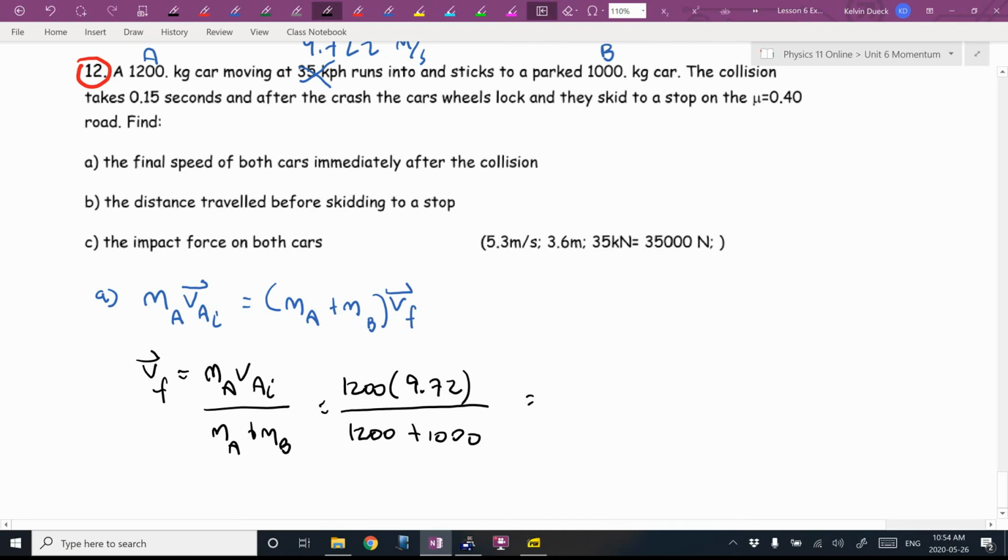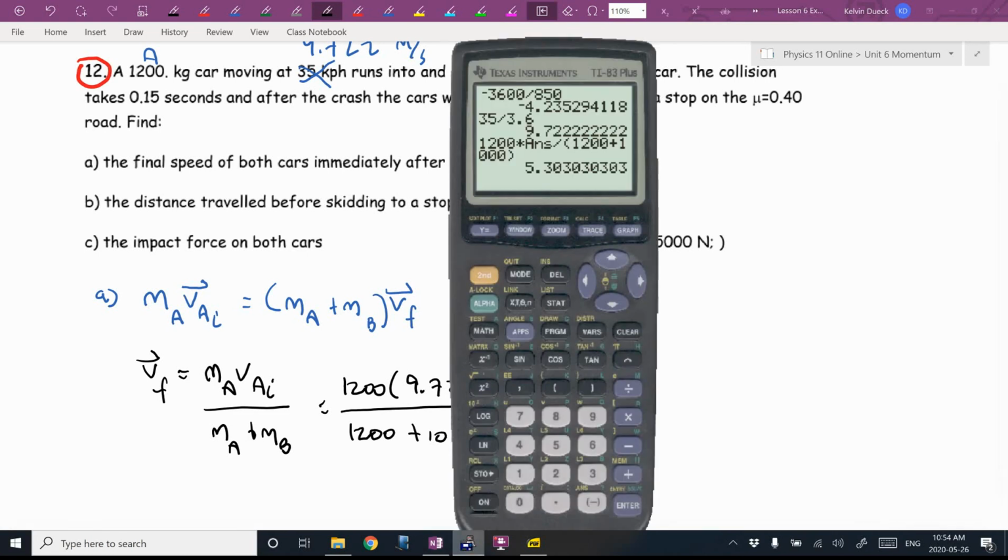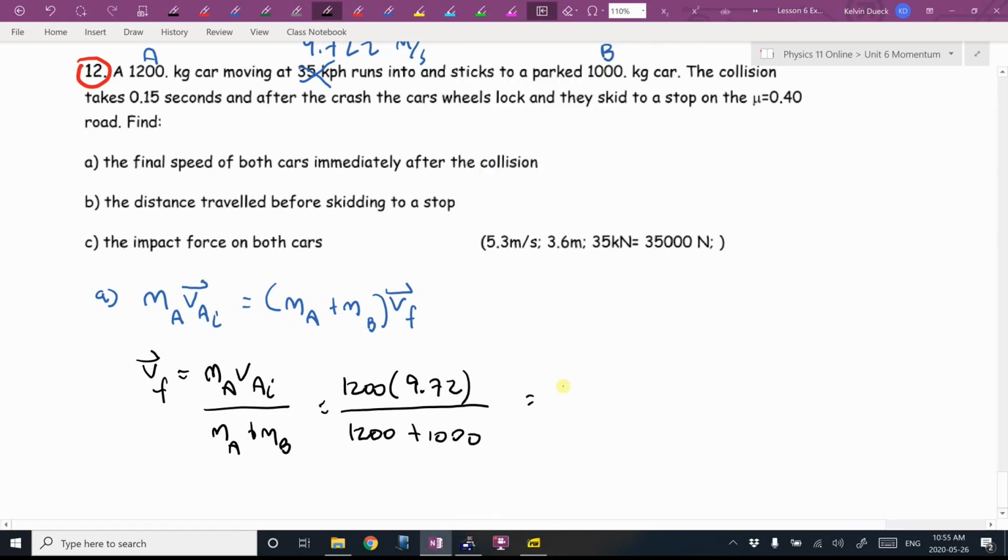And I get 5.3 meters per second, 5.3030, so 5.30 repeating meters per second. B, the distance traveled before skidding to a stop. Ooh.